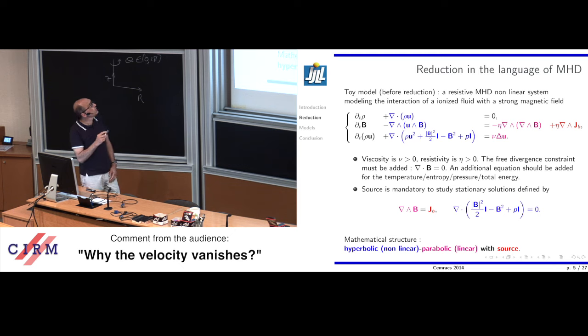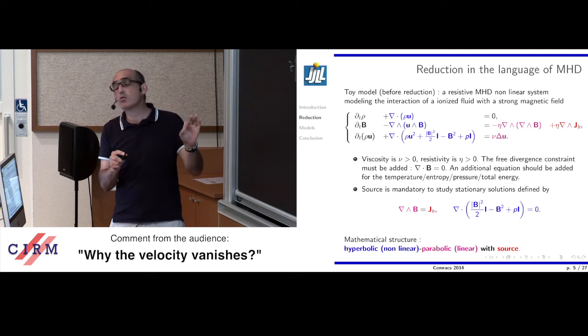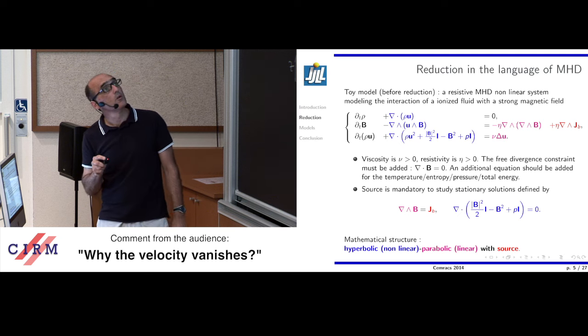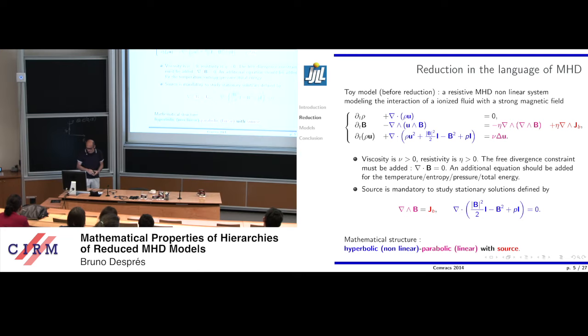In astrophysics, if you have a non-viscous MHD, you have that equation. Here I mean that if I want to study stationary solutions, stationary means dt equals 0 and u equals 0, then just the blue part remains from that equation. But u is 0, so if u is 0 and dt is 0, it plays no role. Okay, but it was a good question.